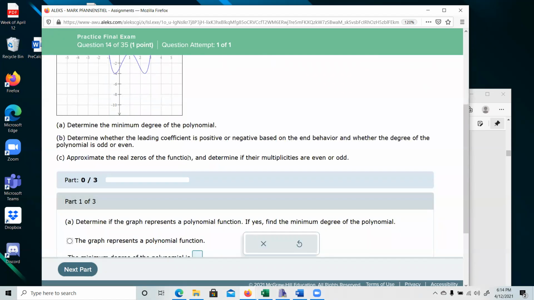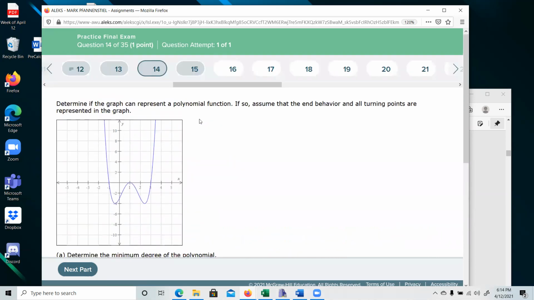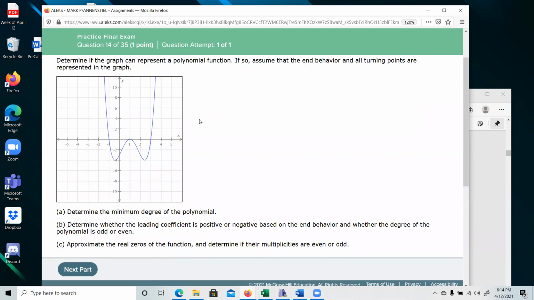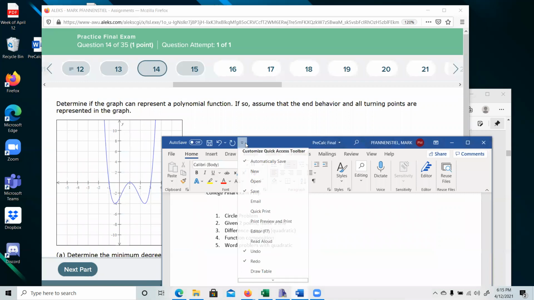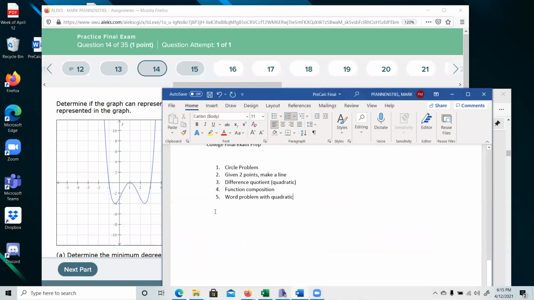I don't like doing them this way. I like telling you some things about the function and then have you tell me what the formula is or something like that. So we're going to say construct the polynomial given conditions.